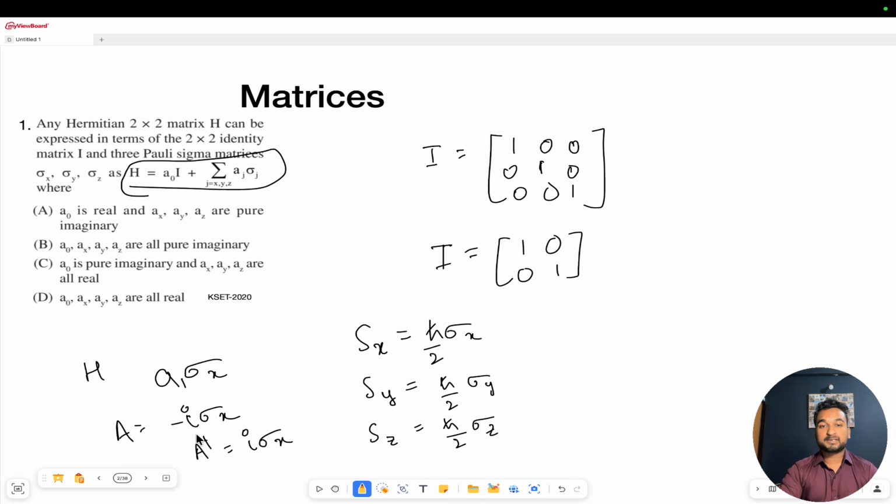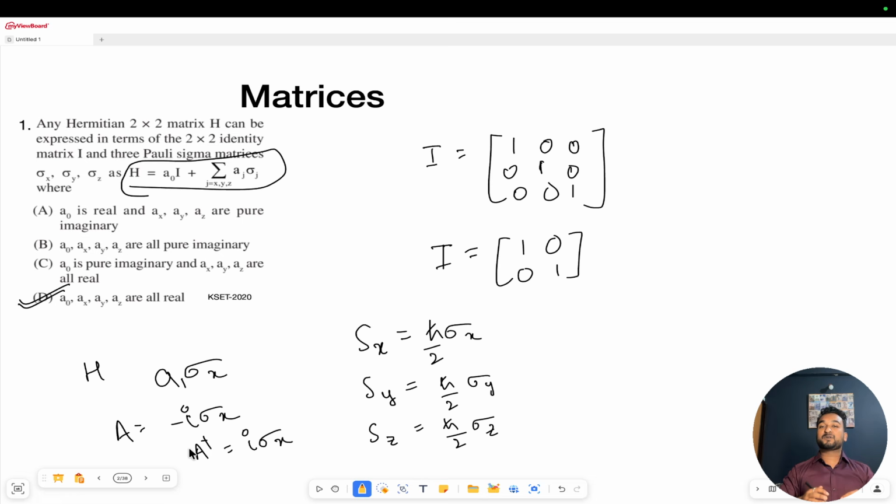But this minus iota, a complex number, will make it plus iota, and A dagger will not be equal to A. That's why your a naught, ax, ay, az should all be purely real. So the correct answer here will be a naught, ax, ay, az are all real. So D is the correct option.